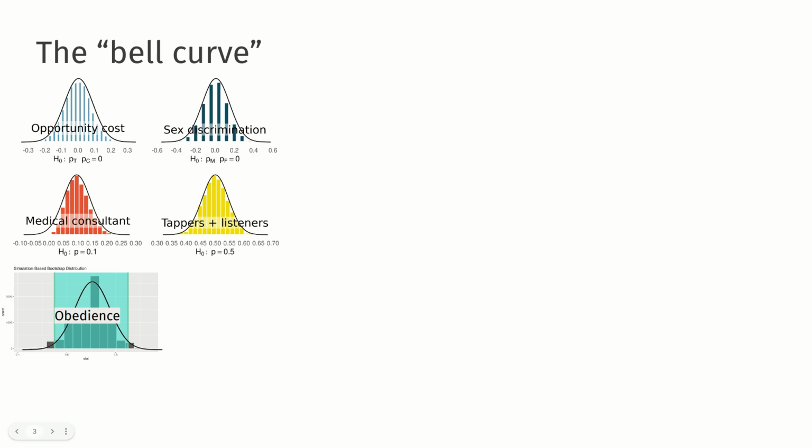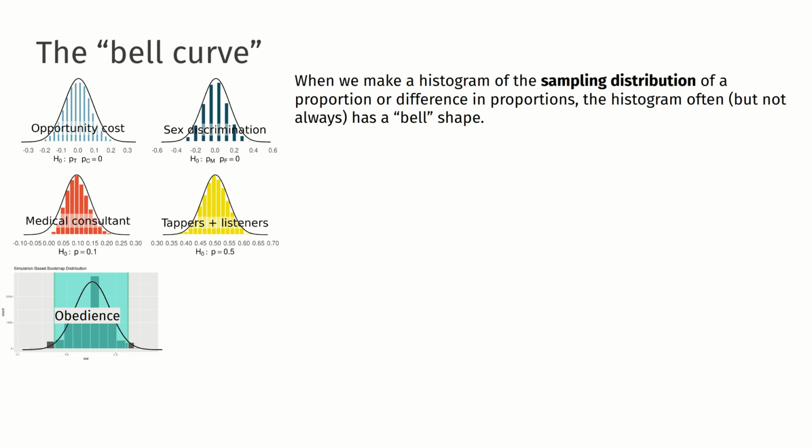So we used bootstrapping to simulate how different versions of his experiment might have turned out in order to construct a confidence interval for the proportion of people in the population who would obey in his experiment. And you'll notice that they all kind of have something that looks sort of like a bell shape, this little dark line here that I've drawn over top of all of these different sampling distributions.